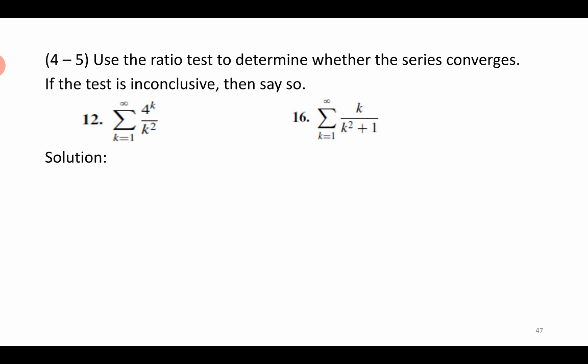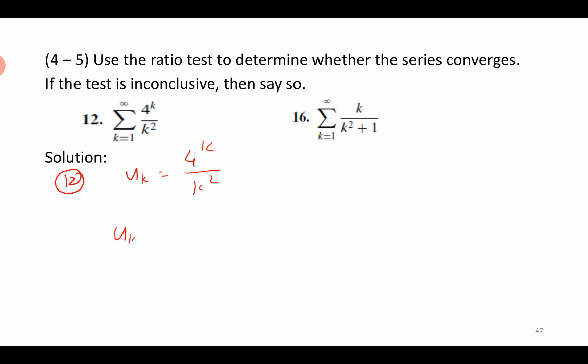Okay, I'll take you through different tests. Use the ratio test. What is the concept of the ratio test? Take the k plus 1th term and the kth term. Problem number 12. What is the kth term? uk is 4 raised to k over k square.